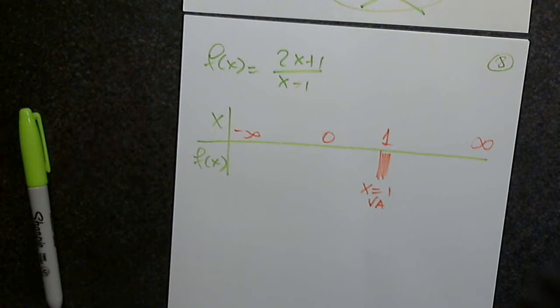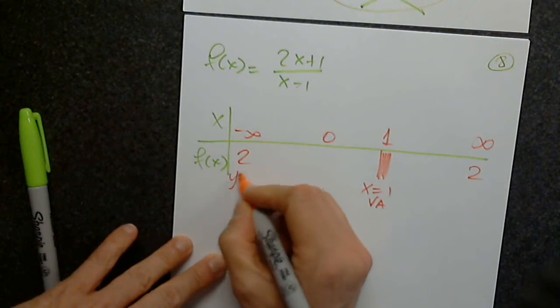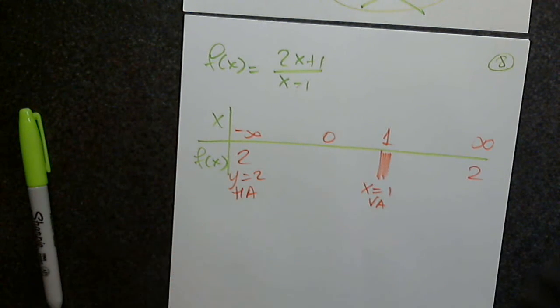Same degree over same degree, so the horizontal asymptote is? For type 1 it's the leading coefficient over the leading coefficient. 2, indeed. So y equals 2 is a horizontal asymptote.